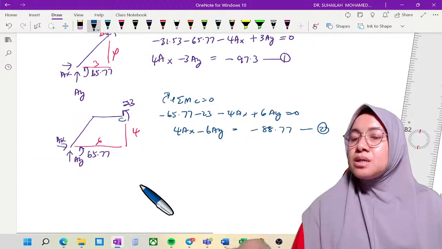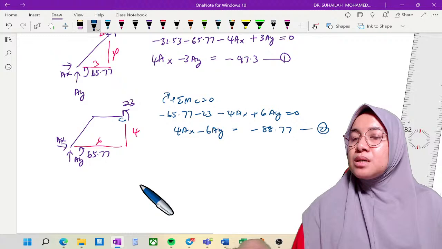By solving 1 and 2 using simultaneous equations, we will get AX and AY. We have also calculated DX previously, so DX is 9.97 kilonewton.